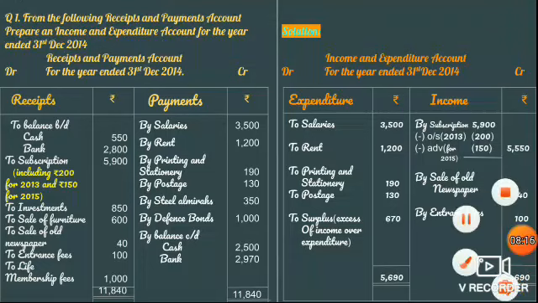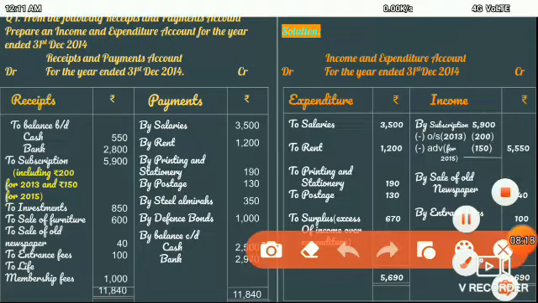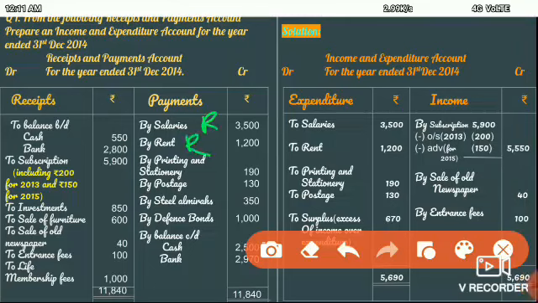Salary is a revenue nature item. So around 4 items are there which are of revenue nature. We will take the first item, salaries. We write here to salaries, the amount is 3,500. The next item is rent. We write here to rent, 1,200.